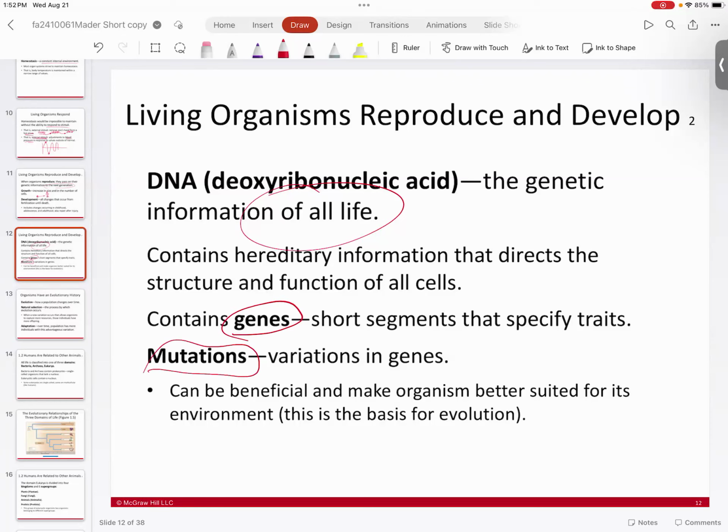So this is a variation in genes, and generally speaking, mutations are mostly negative. It's very rare. As a matter of fact, I don't think in all human history we've actually documented a true bona fide beneficial mutation. But we have tons of negative ones. We have big old thick books. Actually, for my genetics class, I got a big old book of human genetic disorders that thick.